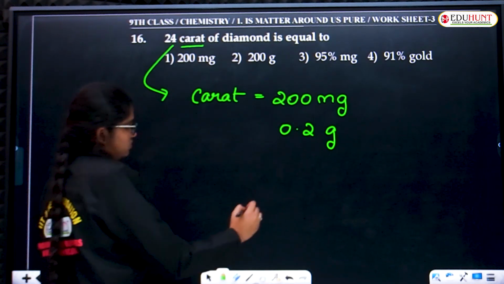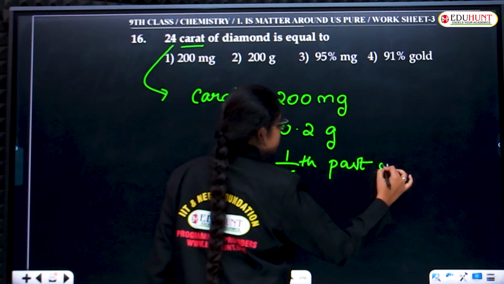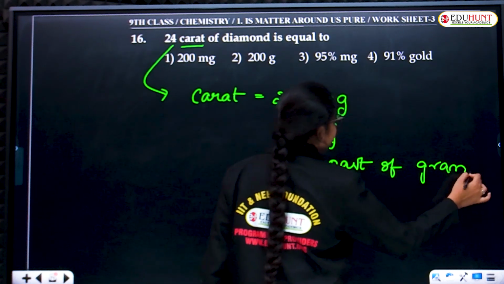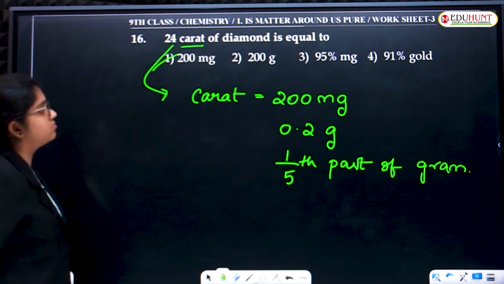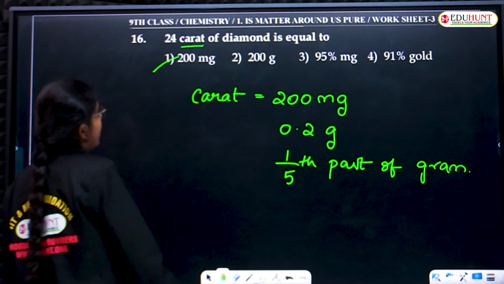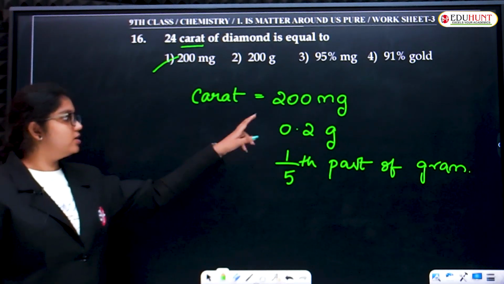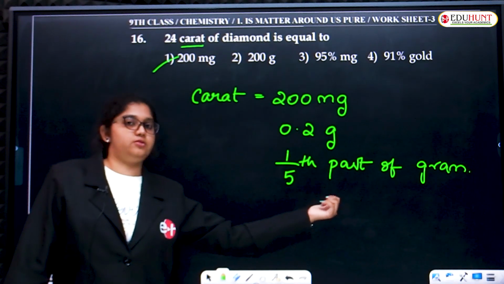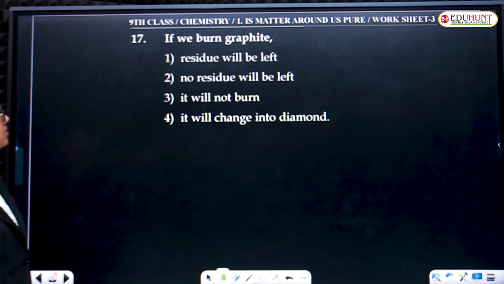So we can also write it is 1/5 of a gram. So option 1. 24 carat of a diamond is equal to 200 milligrams. How much milligrams? 200 milligrams. Did I ask in grams? 0.2 or 1/5 of a gram. Okay. Clear, no? Now next.